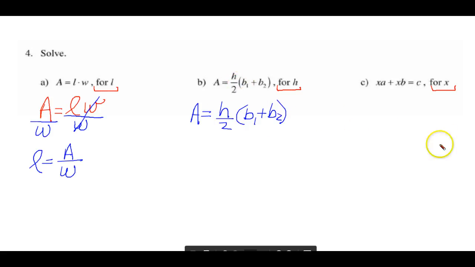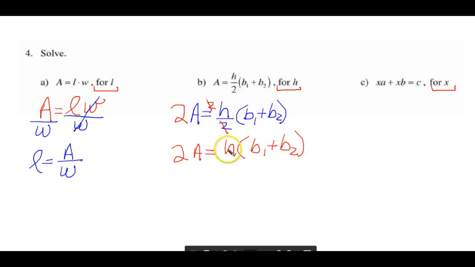So the rule is you multiply every term, this is just one term, by the lowest common denominator. So on this side we'll multiply by 2. Here we'll multiply by 2. So here the 2's cancel out, and I'm left with 2A equals H times B sub 1 plus B sub 2.